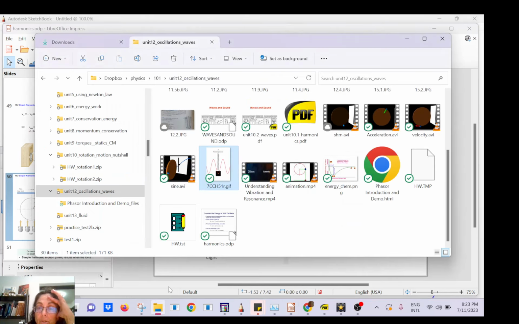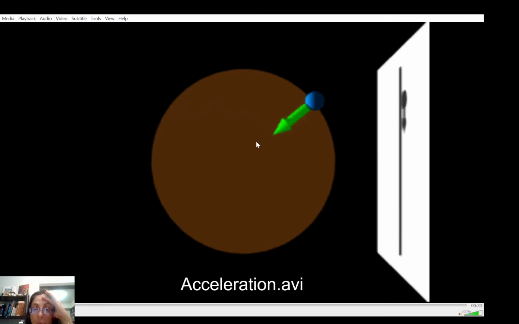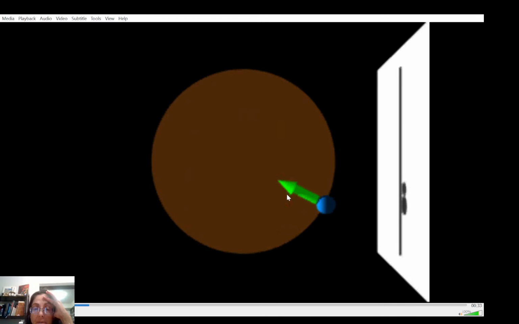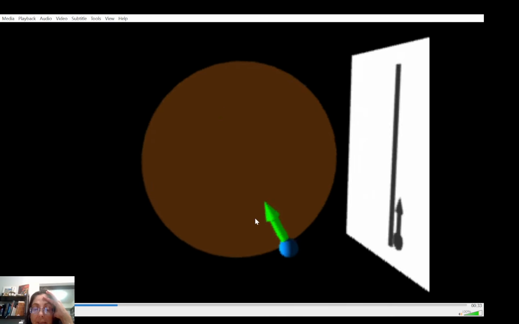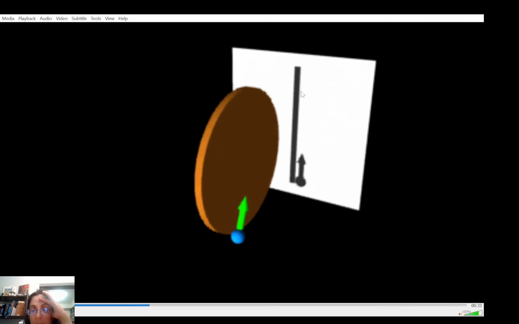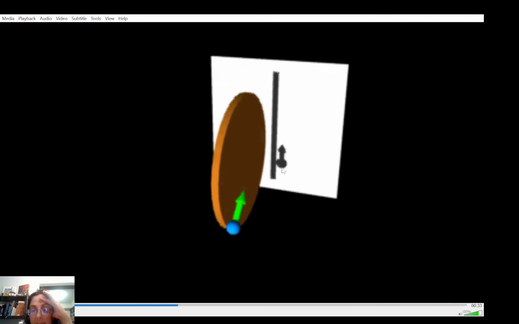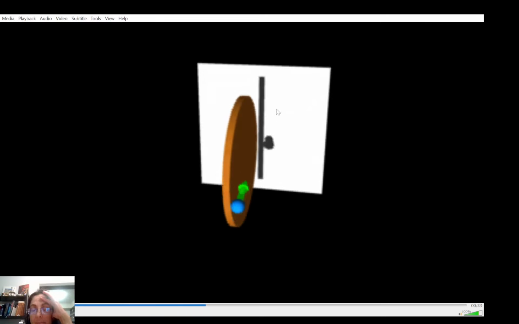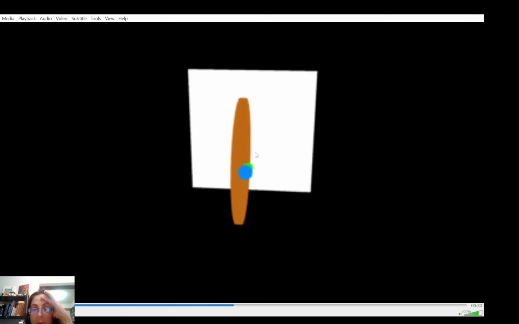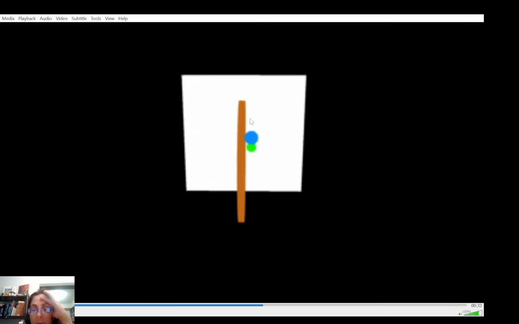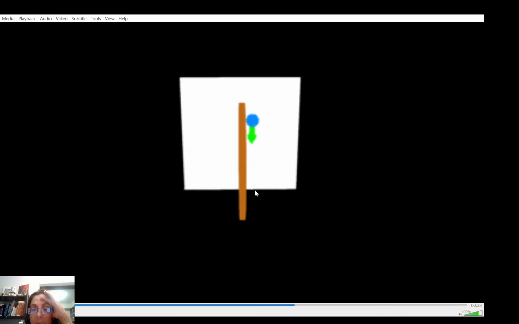And again, I think I showed you this great simulation. I don't remember where I found it. So you see here, it's a circular motion. You have a centripetal acceleration toward the center, but if you project on the screen, you find your simple harmonic motion, with the restoring force being maximum at the top and at the bottom.